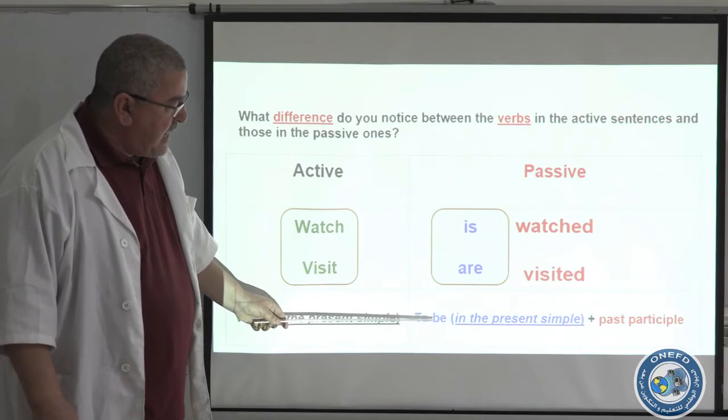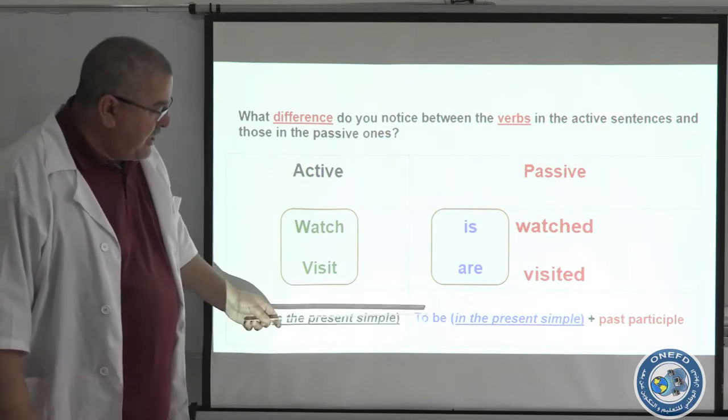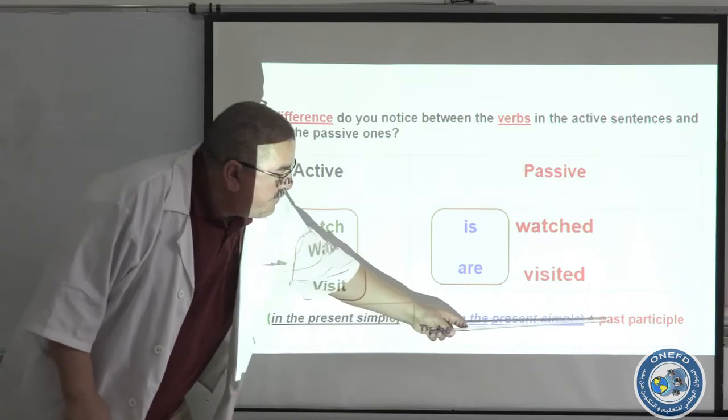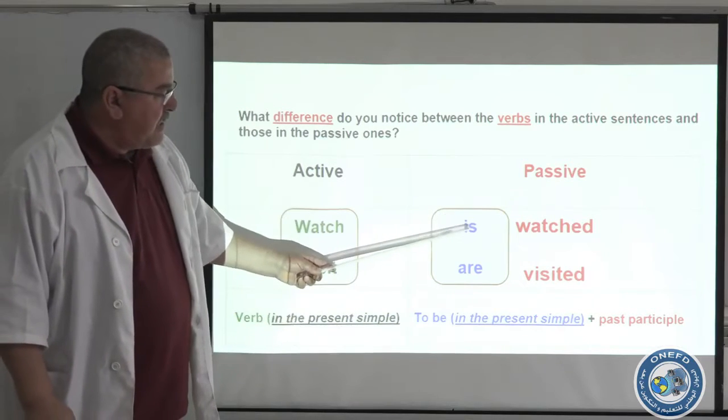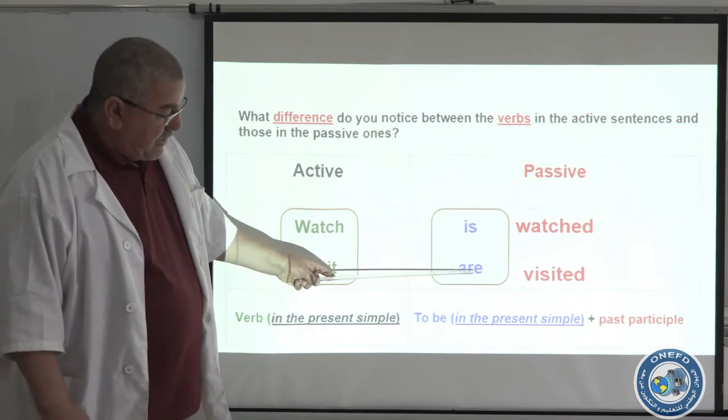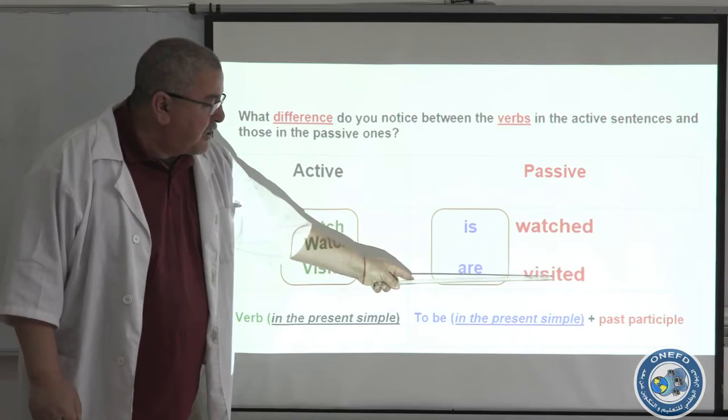You remember we said the verb in the passive is composed of to be plus the past participle. Here is to be, and here is the past participle.